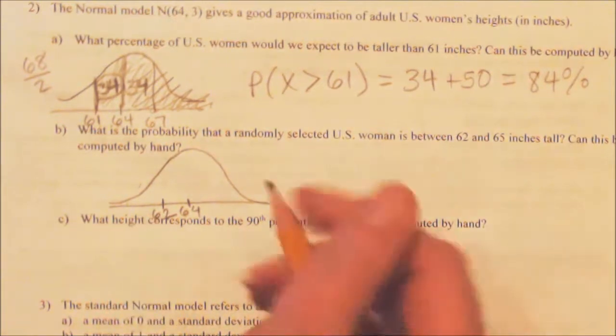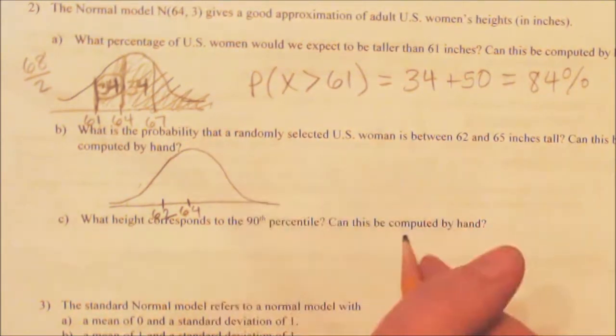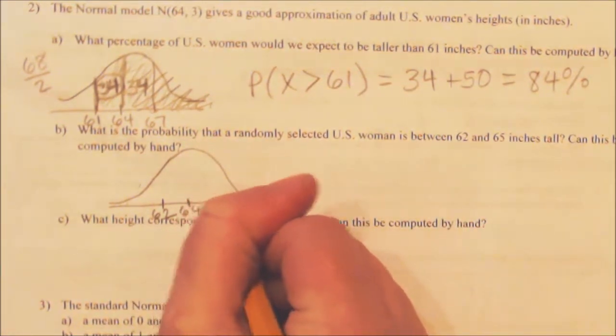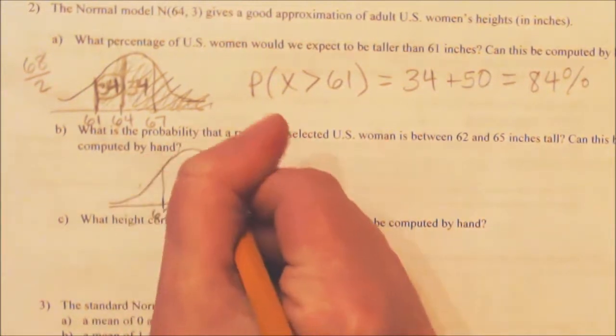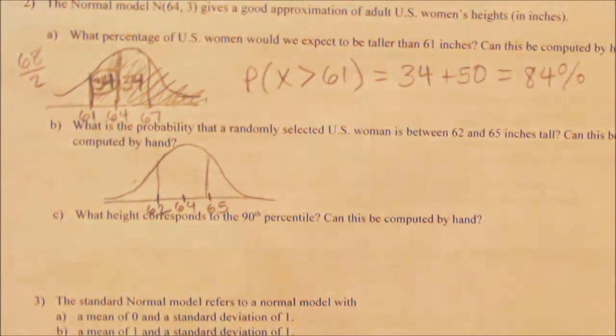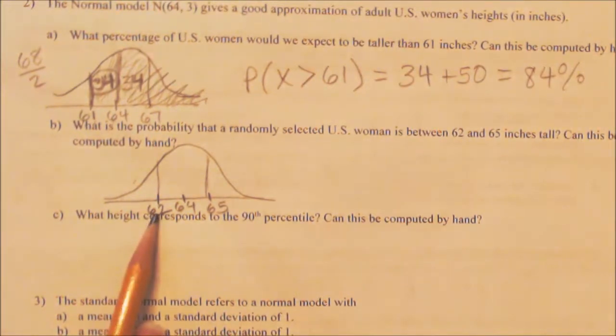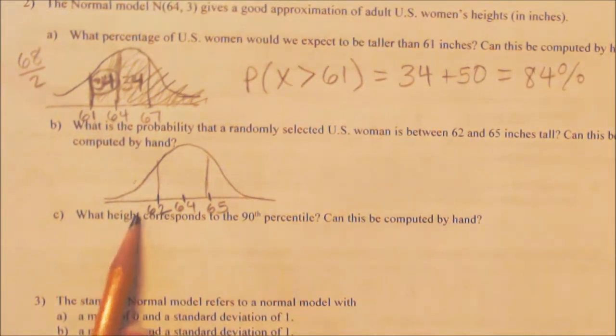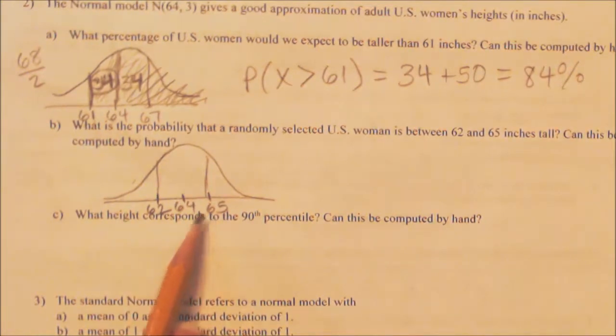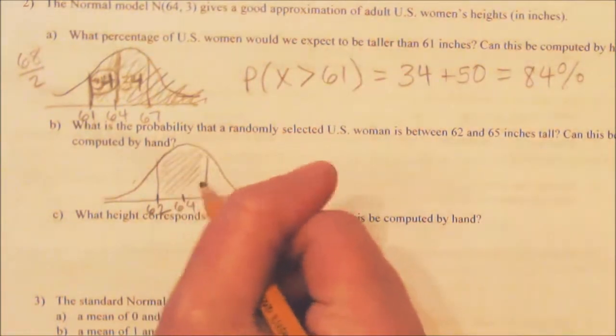I'm only going to go to 62 and then up to 65. Those are not numbers at individual standard deviations: 62 is somewhere between one standard deviation below and the mean, and 65 is somewhere between the mean and one standard deviation above. To figure this out, we would have to use StatCrunch.